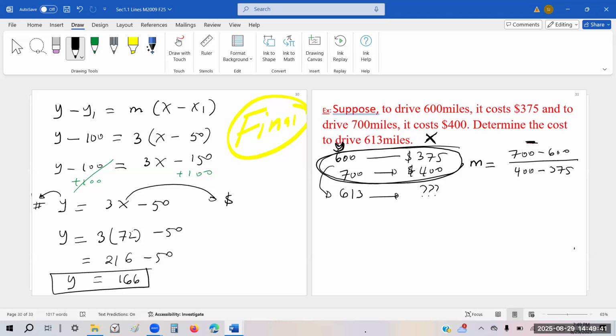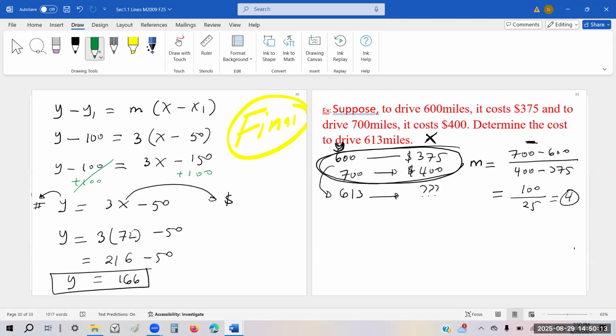You gave me X over Y. Oh, Y over X. Okay, yeah, sorry, my bad. So you have 100 over 25, which is 4. You can pick any point as point one, but at the end you have to see what you're looking for.